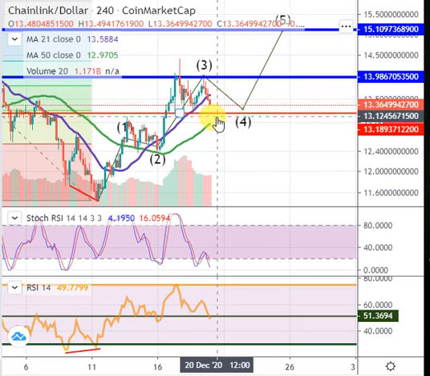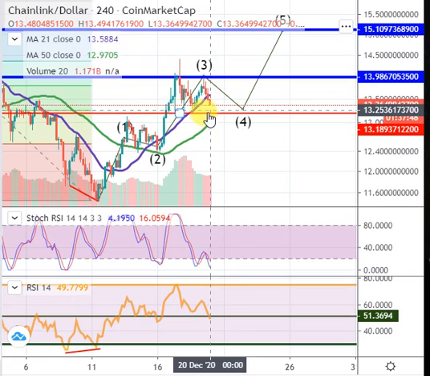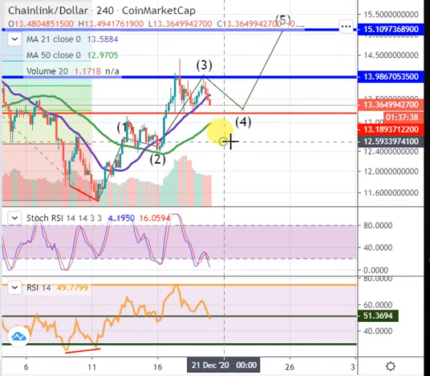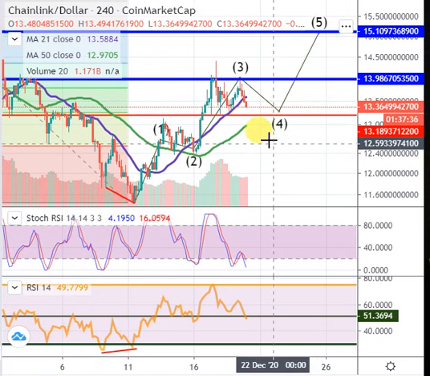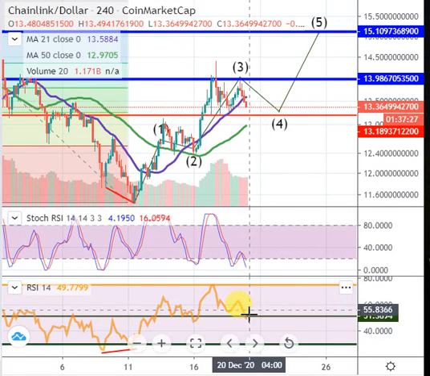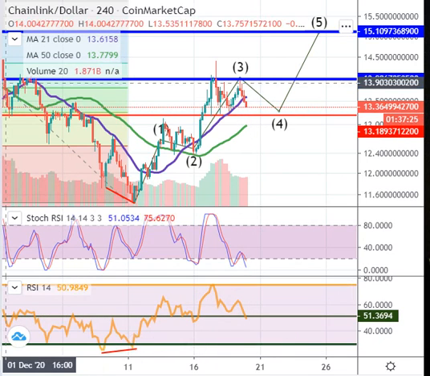And looking at this, there's no support anywhere in this range until we come to this price target here, that's around 12 something, or let's just say $13. So if you're looking for means to buy in, you can wait a little bit for the price to come to 13.20, 13.22.